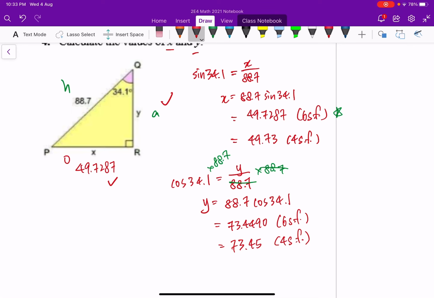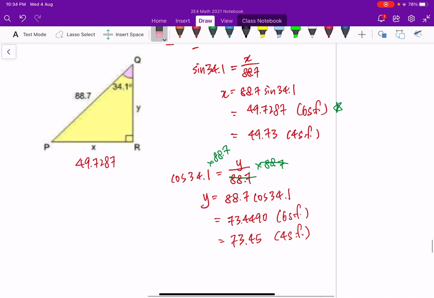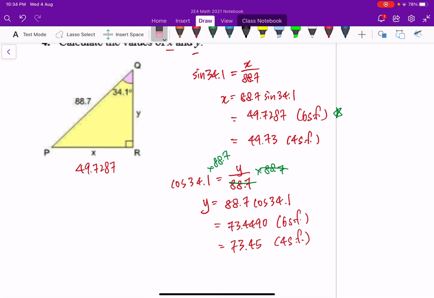Or if I don't want to use trigo, looking at this, it's a right angle triangle. I have the hypotenuse, I have the other side. What can I use? I can also use Pythagoras theorem to find the last length of this side of the triangle.